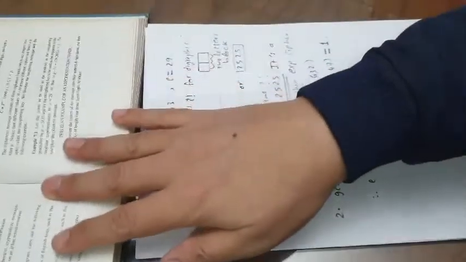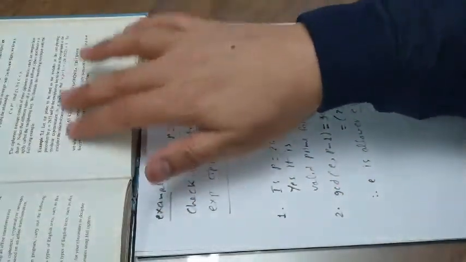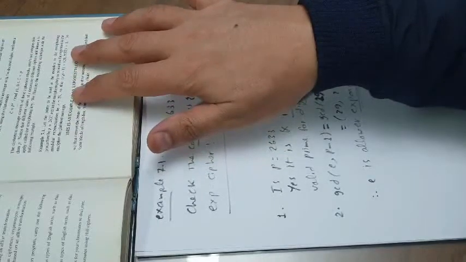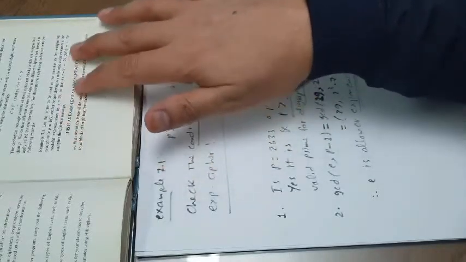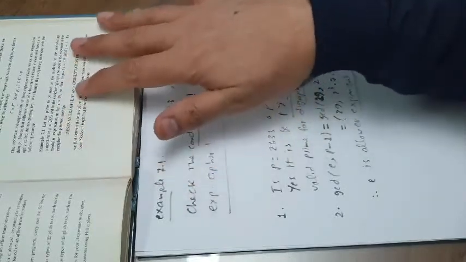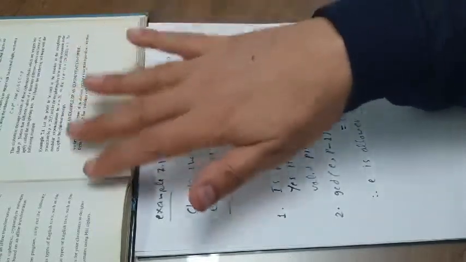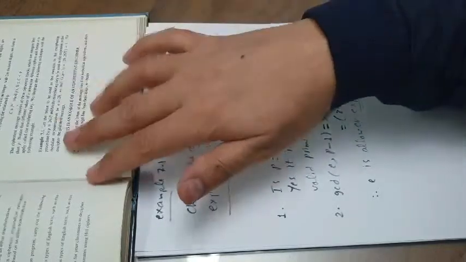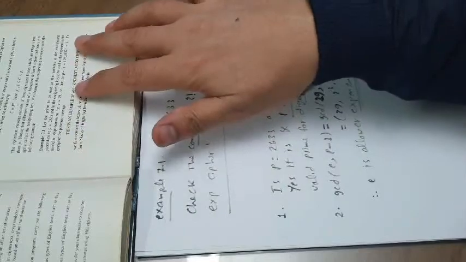So go to the example. Yes, he does the confirmation, the verification, the checking, but very fast. We do it in detail, and you should have this habit of checking and verifying your work step by step, letter by letter.